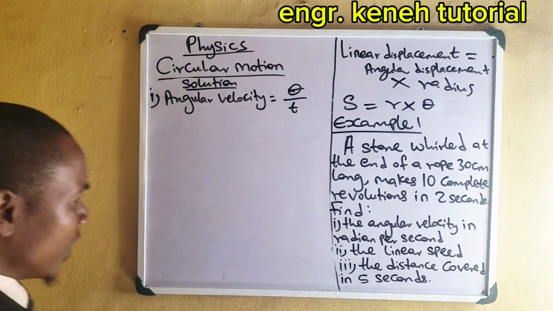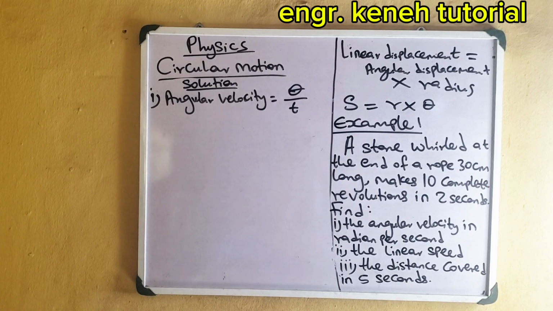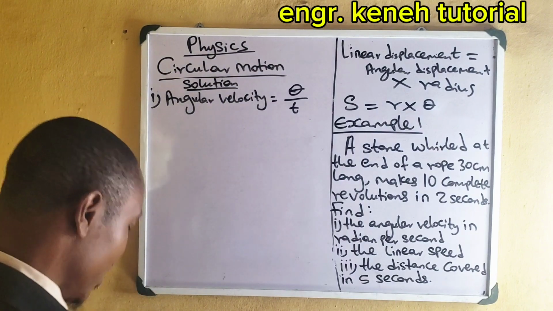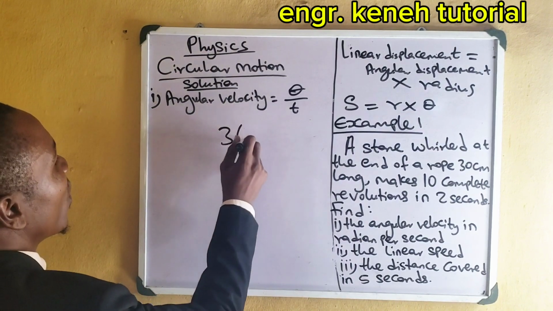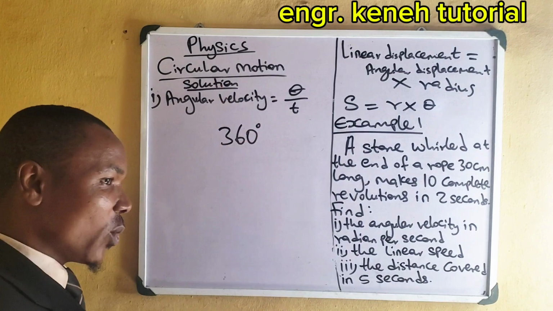There's something I failed to tell us. I want us to understand that when you complete one revolution, it means you have covered what? 360 degrees. When you have covered 360 degrees, you say that you have completed one revolution.